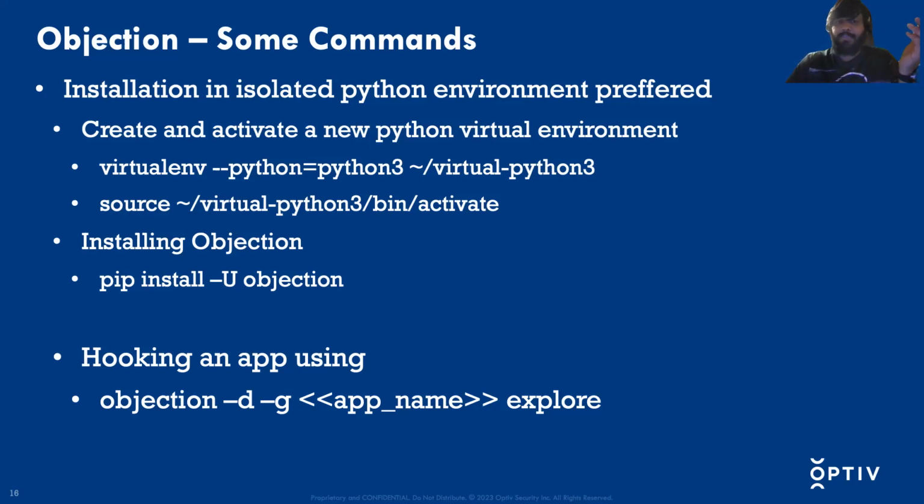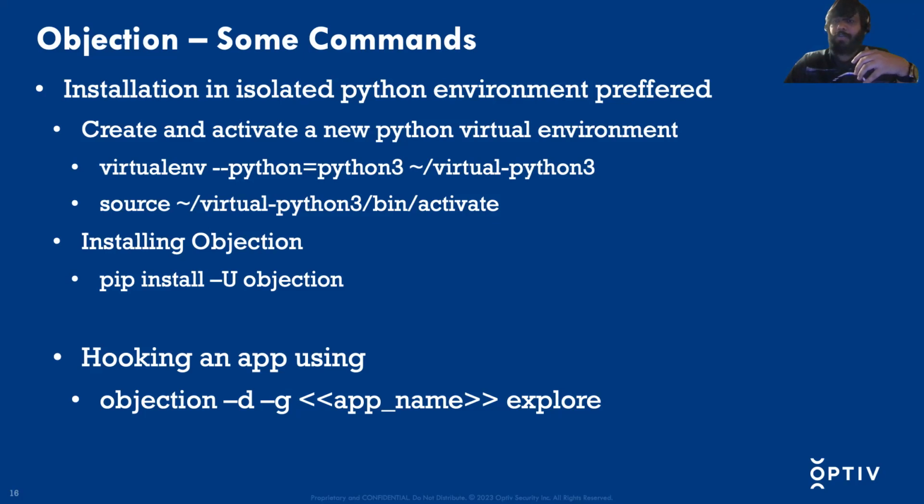Once you have created the virtual environment, every time after that you just need to activate the same virtual environment in order to use Objection. You don't need to create the virtual environment every single time, right? The reason I'm recommending an isolated Python environment for Objection is that if you are not using an isolated environment, there will be a lot of dependency errors that are sometimes really difficult to solve, rather than having an isolated environment for Objection, which runs perfectly fine when you attach the iPhone and you can hook any process you want.